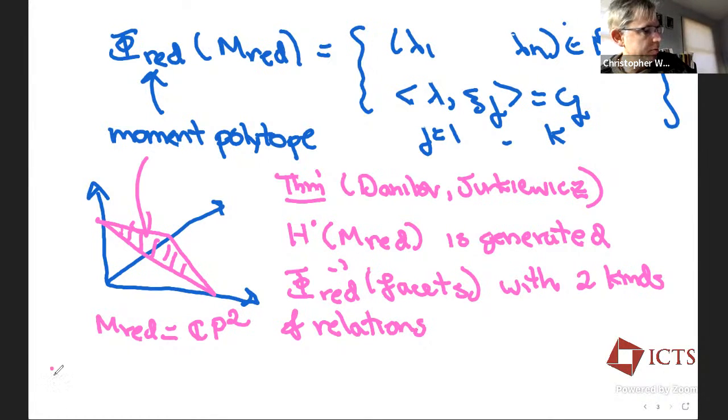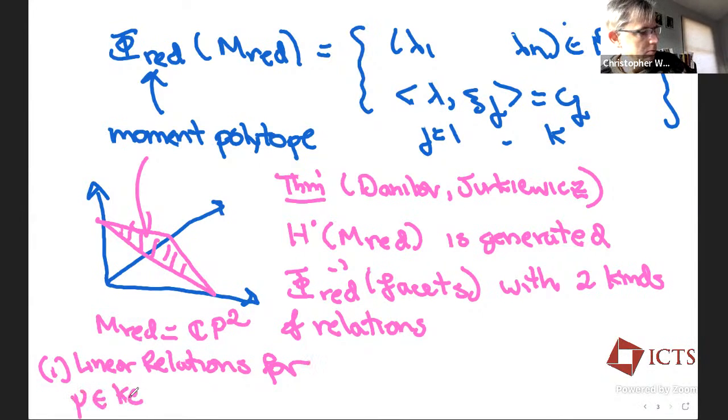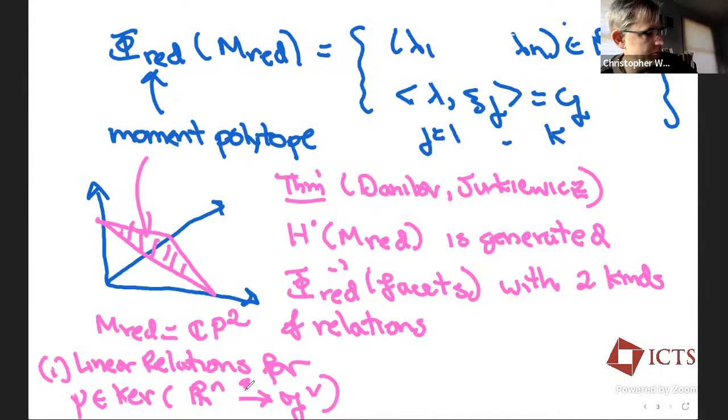First of all, there are linear relations: for any element of the kernel of the map from R^n to g dual. You can think of C as a matrix, and then this would be the transpose of this matrix.